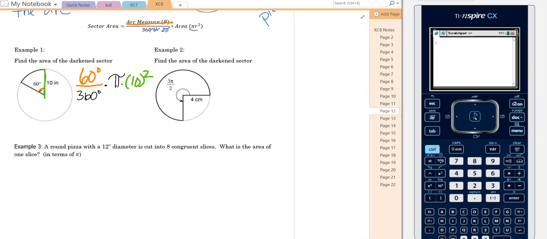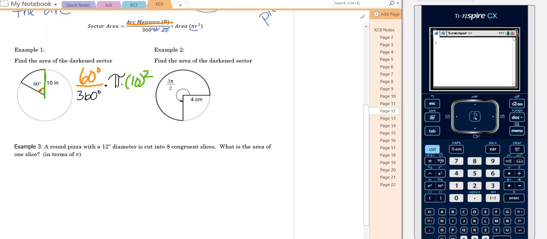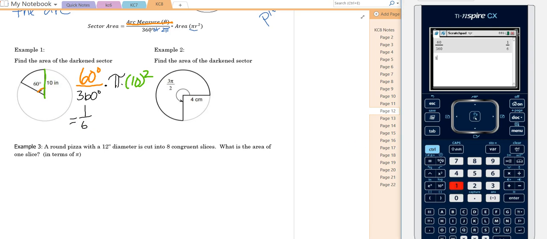All right, if you have your calculator, you're more than welcome to divide everything out. I will show you how to do just one, and then the rest of them I'm just going to assume that you guys know how to put in your calculator. So I like to do it in steps. I'm going to take my 60 and divide it by 360, and that's going to give me 1/6. And then I have pi times 10 squared. So if you want to do 10 squared or 10 times 10, either way it gives you 100.